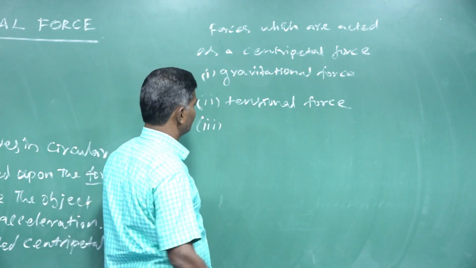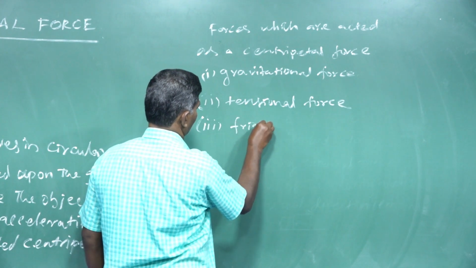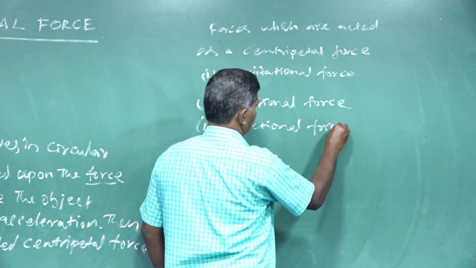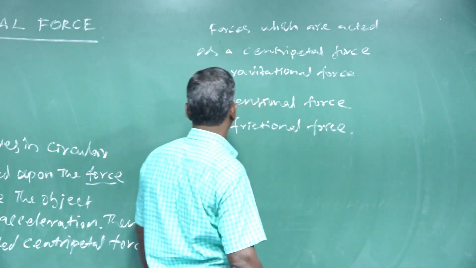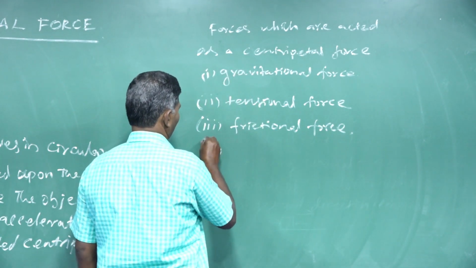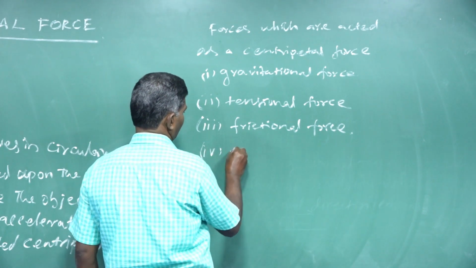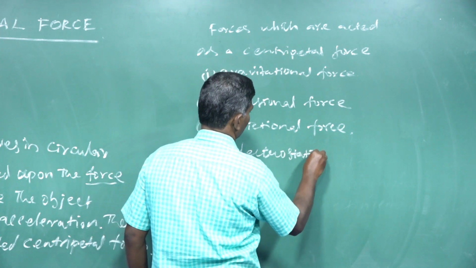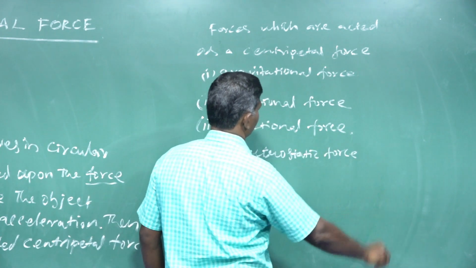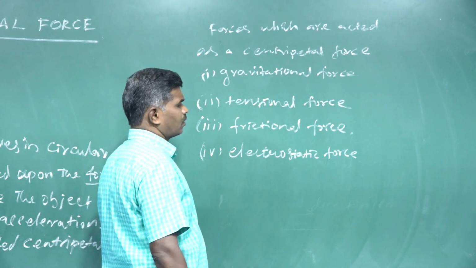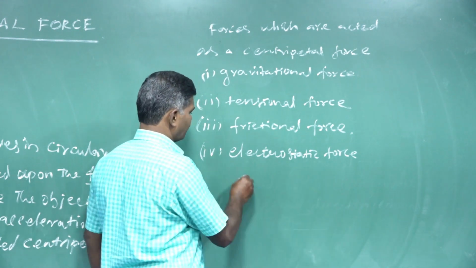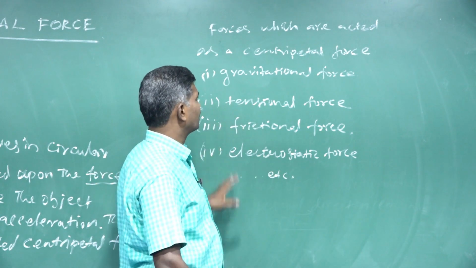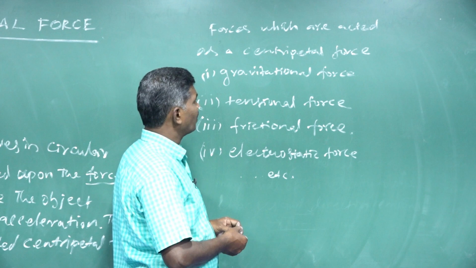In some other cases, frictional force acts as a centripetal force. Next we can take the electrostatic force, which can also act as a centripetal force in some cases. There are others, but anyway, these four we are going to take and explain.